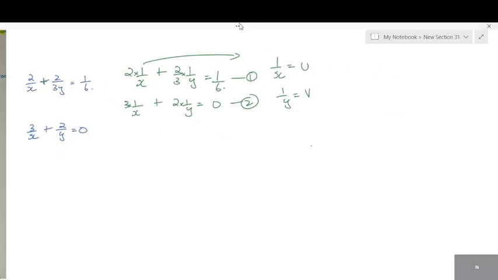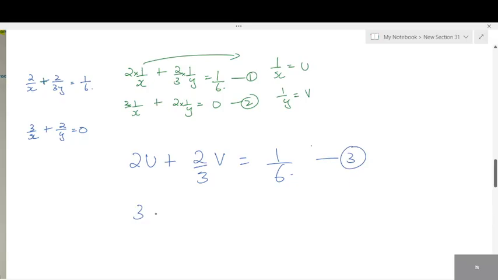Now tell me the equation. Wherever 1 by x is given, substitute u, students. What do you get? 2u plus 2 by 3 times 1 by y. Next, tell me the second equation: 3u plus 2v is equal to.